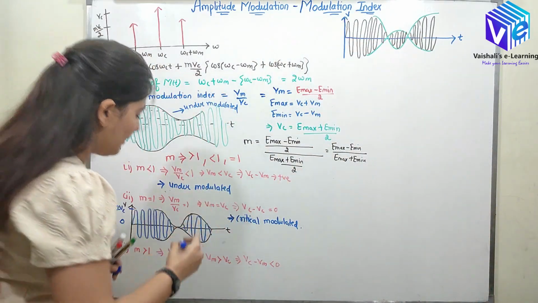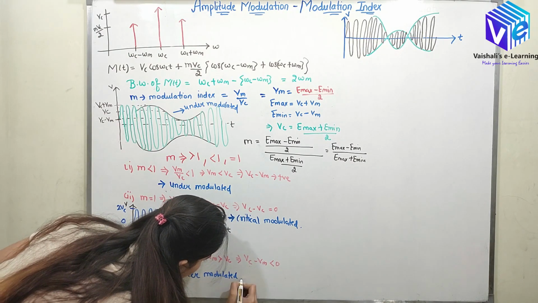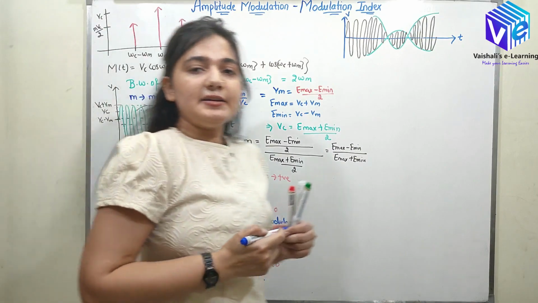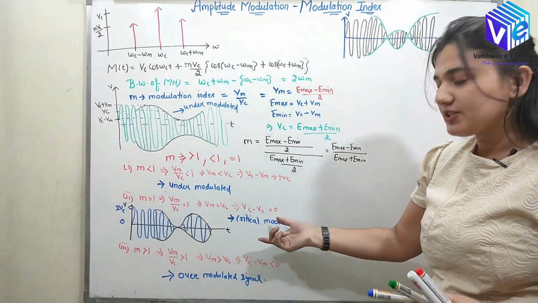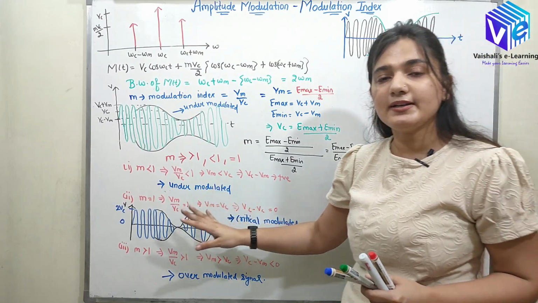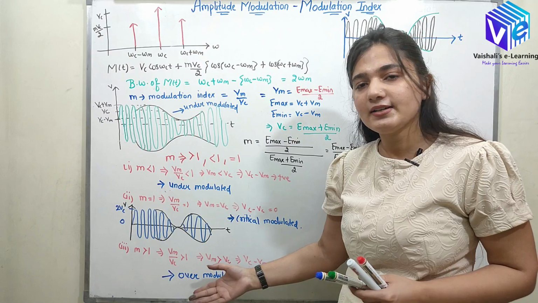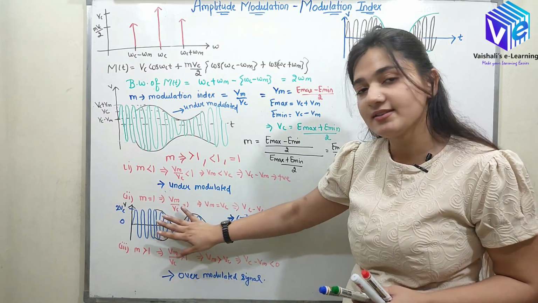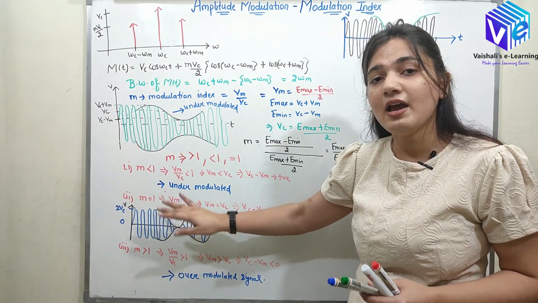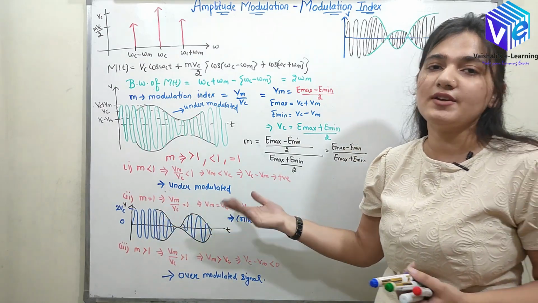This is called the over-modulated signal. And in between we have the limiting case, which is the critical modulated signal. The critical modulated signal is the limiting case of the under-modulated and the over-modulated signal, where this is the last case where my signal information is preserved in the positive side lobe.